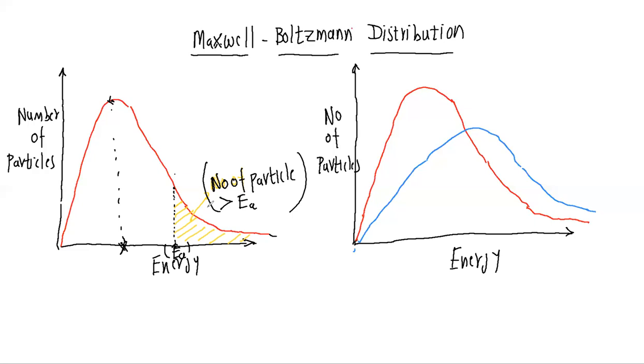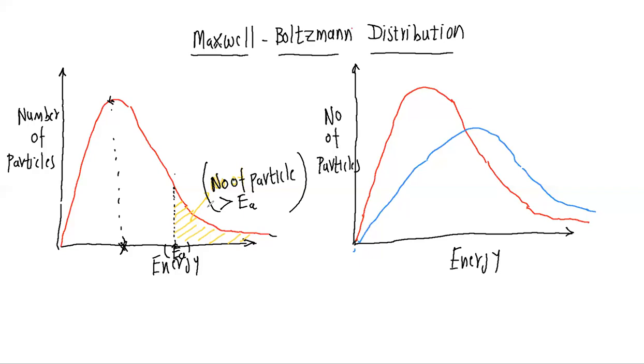Only those particles possessing energy higher than or equal to EA are going to contribute to the reaction, or ensure that the reaction is maintained. So that's why we are concerned only with those particles having energy greater than EA, and this area is captured very easily using the Maxwell-Boltzmann distribution. So this is the application.